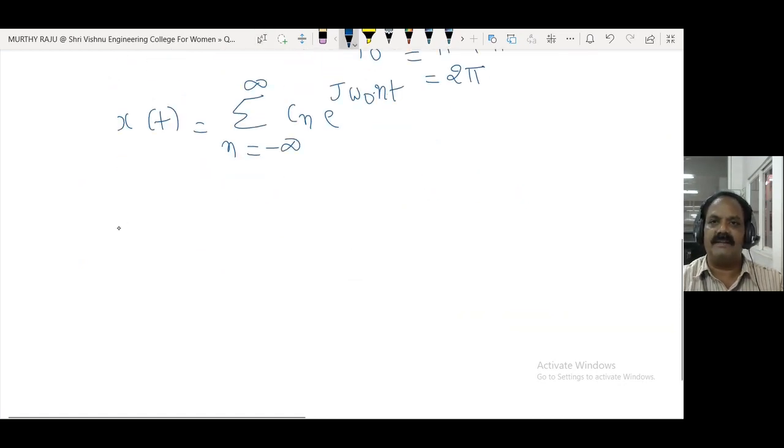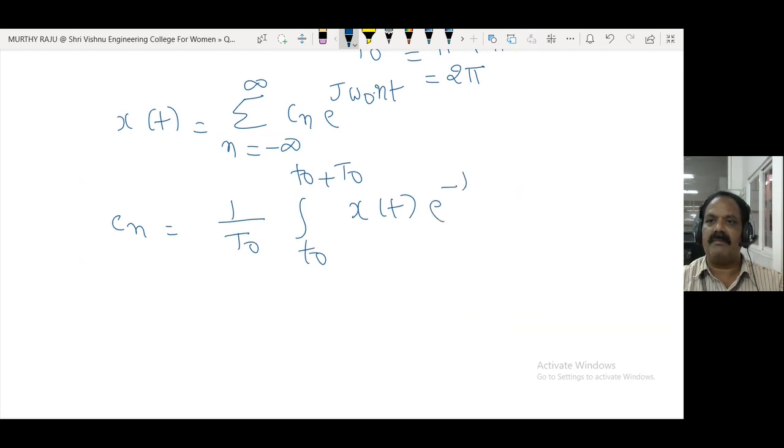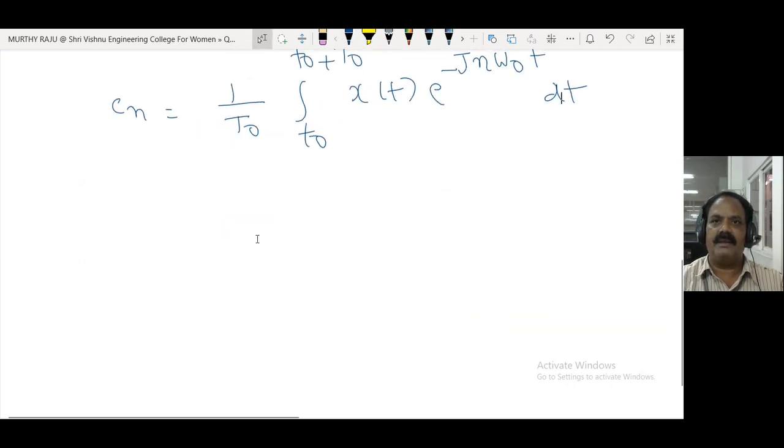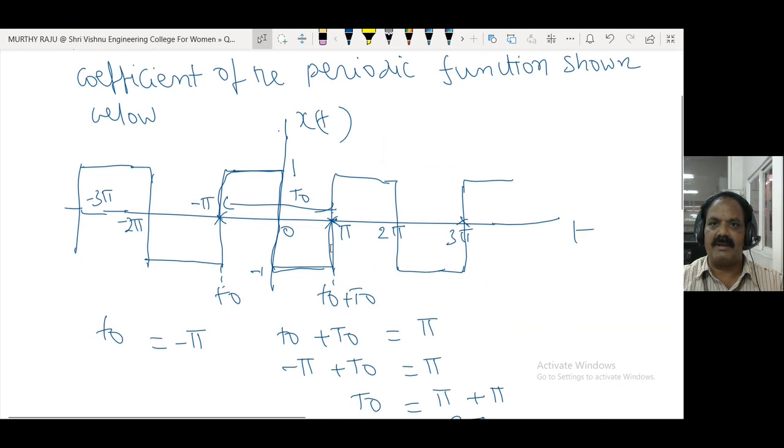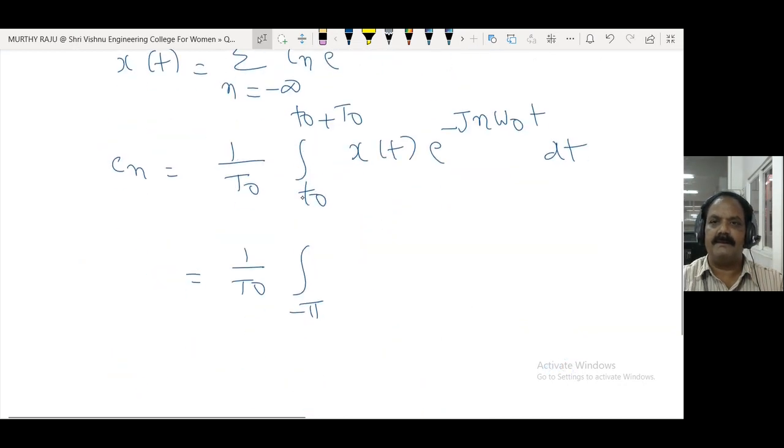Now calculate Cn, which is equal to 1 by T0 times the integral from small t0 to small t0 plus capital T0 of x of t e power minus j n omega naught t dt. Here small t0 is minus pi, so the limits are minus pi to plus pi.